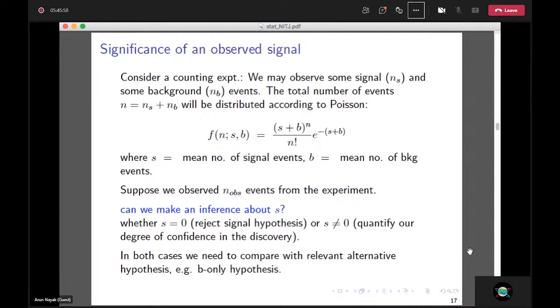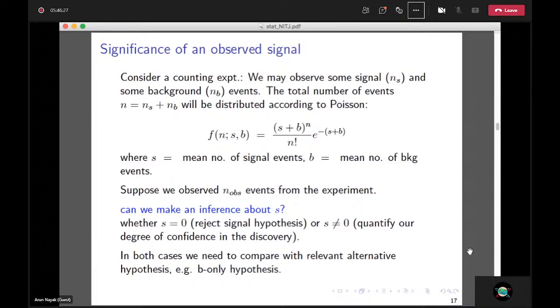Now let's come to how we calculate the significance of an observed signal. Suppose we did some experiment and we got some results. If we think that we have some signal, what is the significance of such a signal? So let's consider a counting experiment. We don't have any distribution, we just have n number of events we have observed.